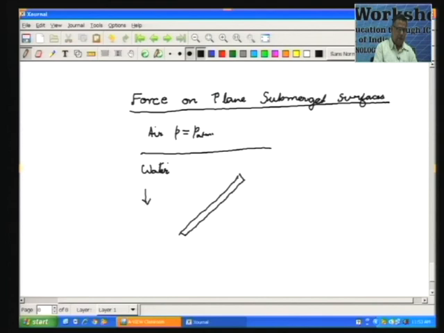So, this is the direction of gravity, the vertical direction. So, if I extend this line, let us say this angle is theta. Now, if I draw the other view here, it could be a lamina of arbitrary shape.